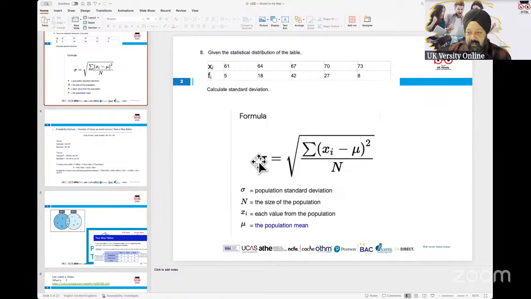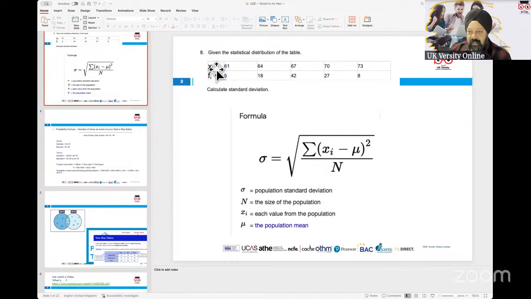So this symbol is the symbol for standard deviation, which I might call sigma. Sigma equals the square root of the sum of, in brackets, xi, each value from the population, minus mu, the population mean, squared, divided by n, the size of the population.